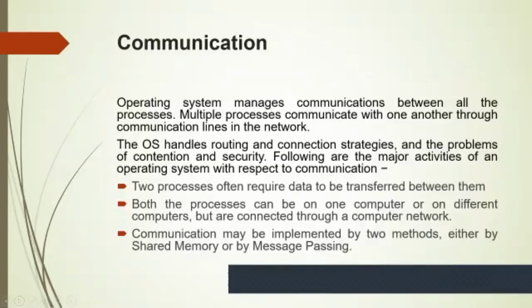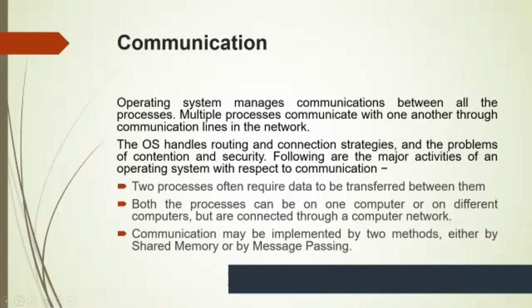Communication may be implemented by two methods, either by shared memory or by message passing. Shared memory means more than one process is sharing the same memory area, and message passing is when more than one process communicates with each other with the help of messages.